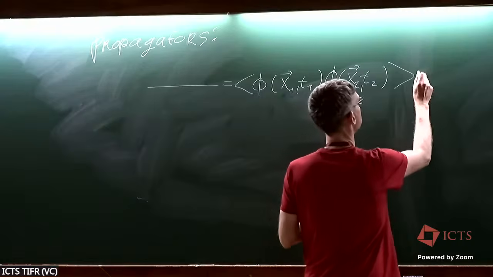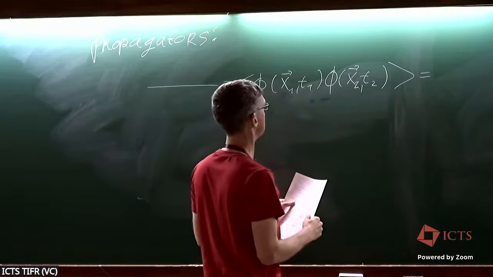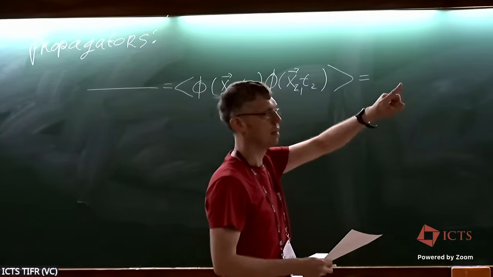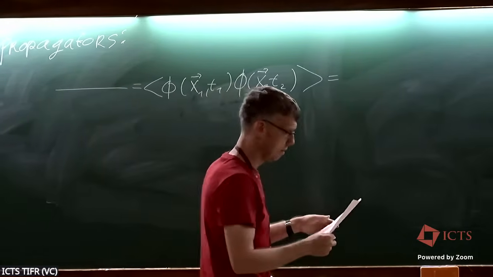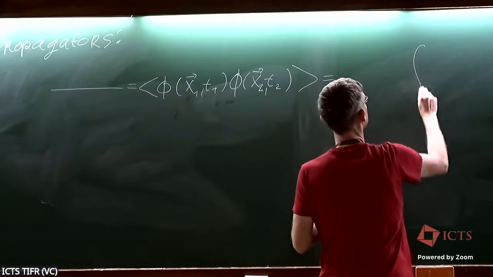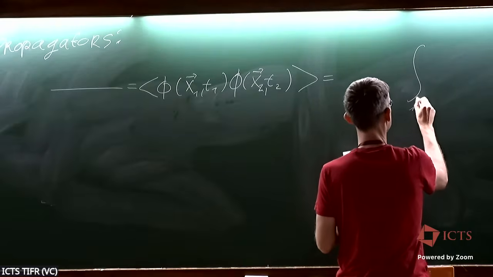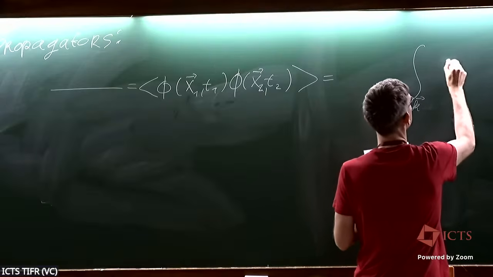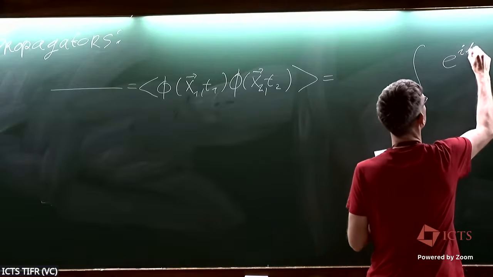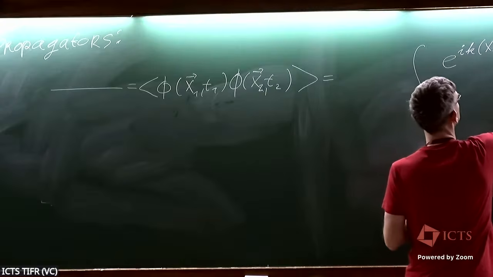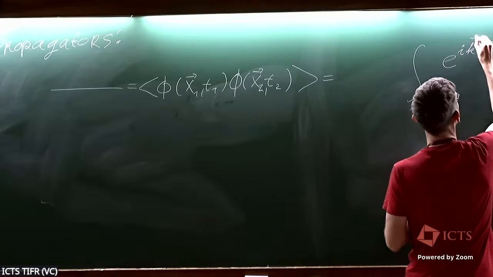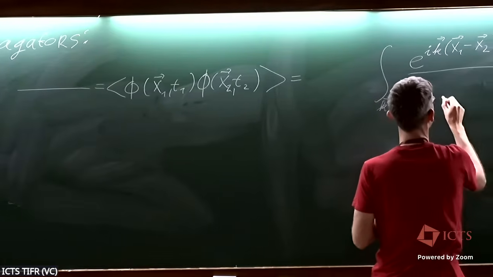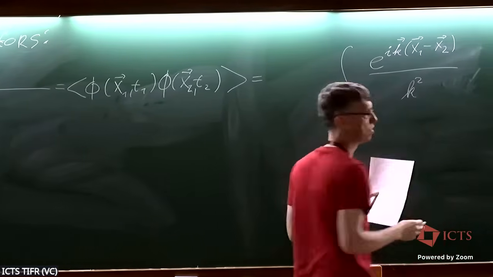So now let me write down the Feynman rule that follows from it. We do have a three-dimensional Laplacian. So we do get basically an integral, a three-dimensional one, e to the i k·(x1 minus x2), divided by k squared, right?